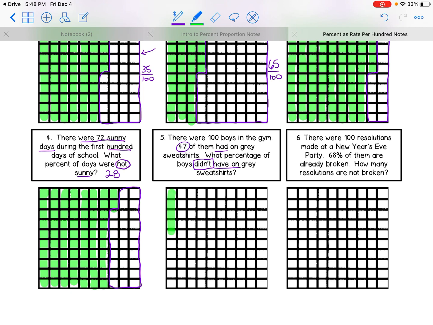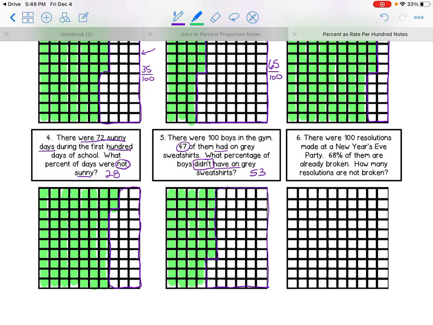So that would be whatever's left over out of 100. So we're going to shade 10, 20, 30, 40, and then 47. And then everything else that is left is going to be the number of boys that didn't have on a gray sweatshirt. Okay, so if you count that, it is 53.